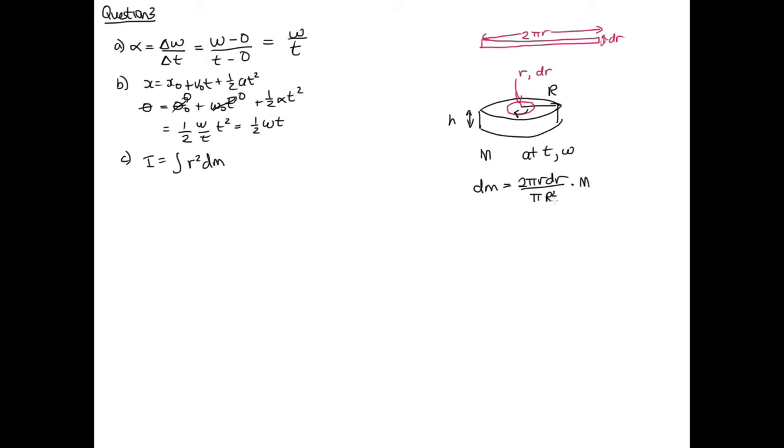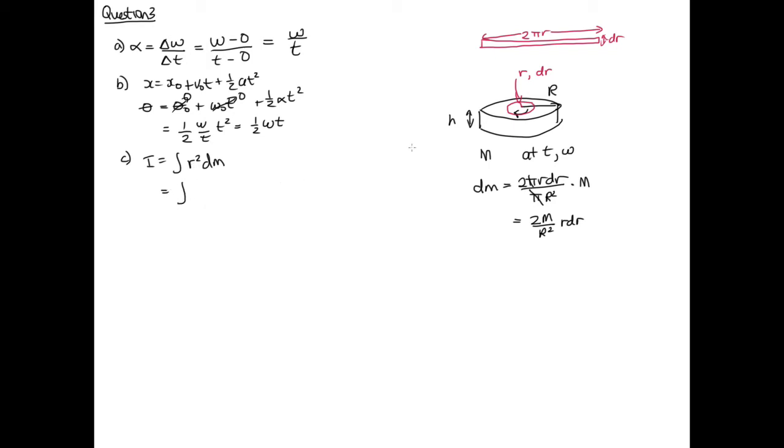So m over pi R squared is the surface density, the density of the mass in terms of the area. The pi's here cancel out, and we end up with dm is equal to 2m on R squared times r dr. So we can now substitute this in here, and everything is in terms of r.